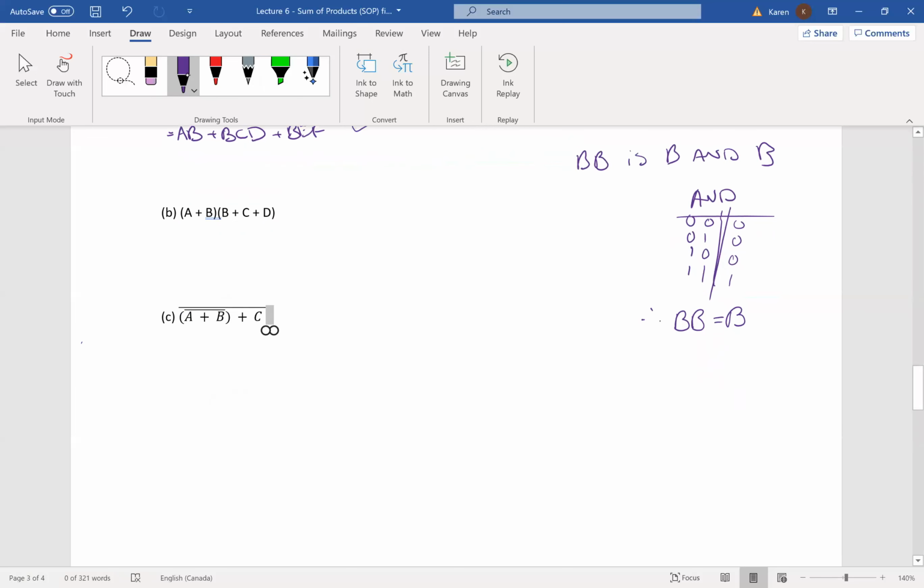This one needs to be expanded as well. Here I need to expand the A terms, then I need to expand the B across, keeping in alphabetical order.